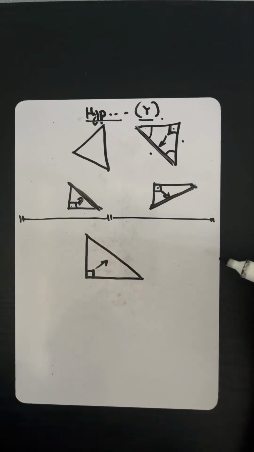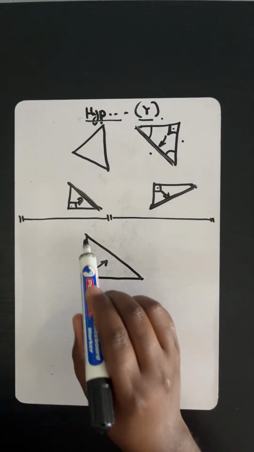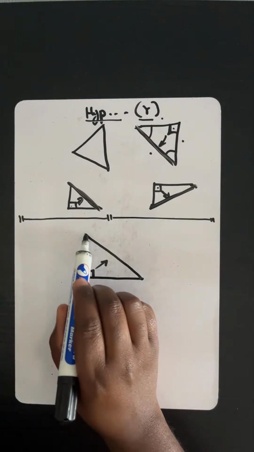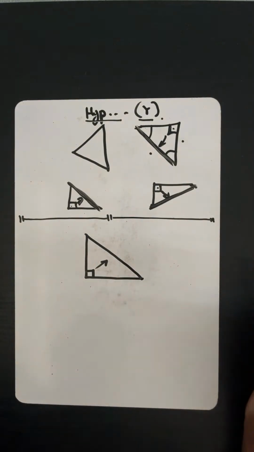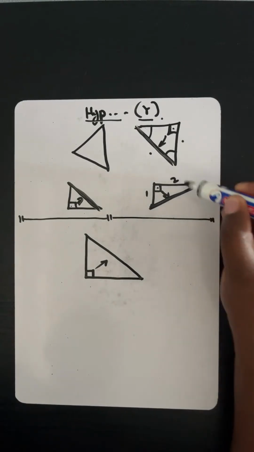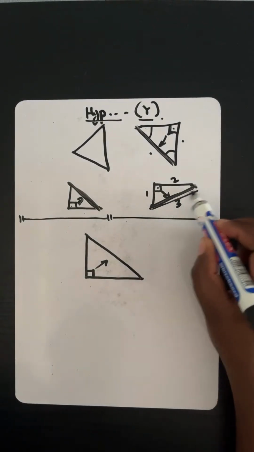Since you have this as your right angled triangle and we've got this hypotenuse, or the r side, something you should know is that it is always the longest side of the right angled triangle. So here you have side 1, side 2, and side 3. Side 3 will always be the longest.